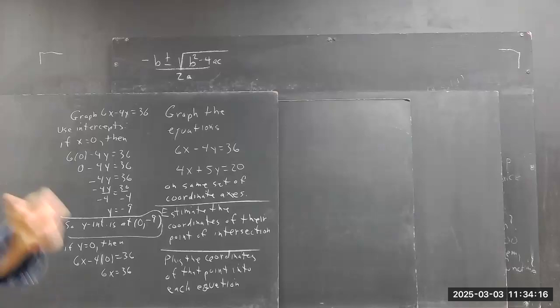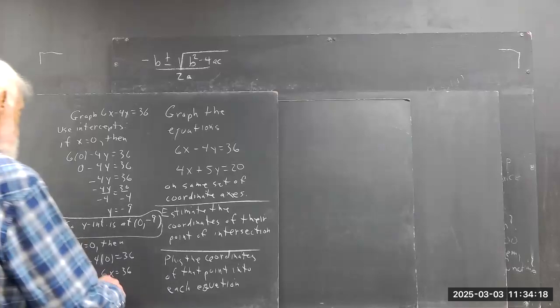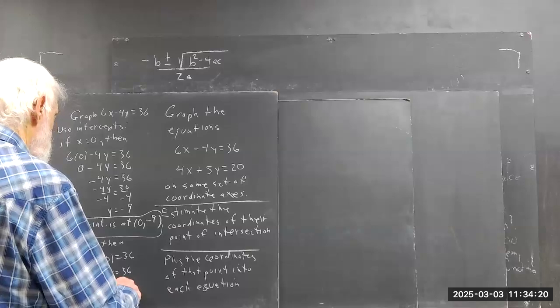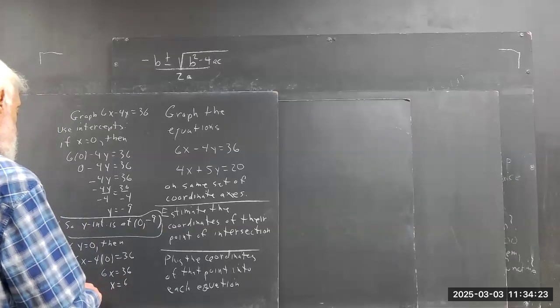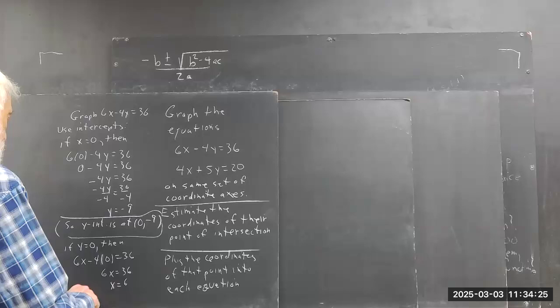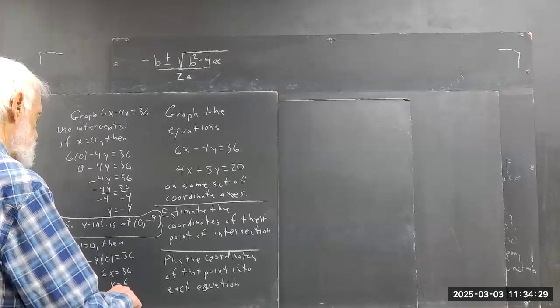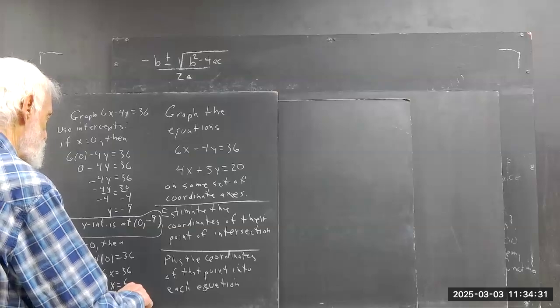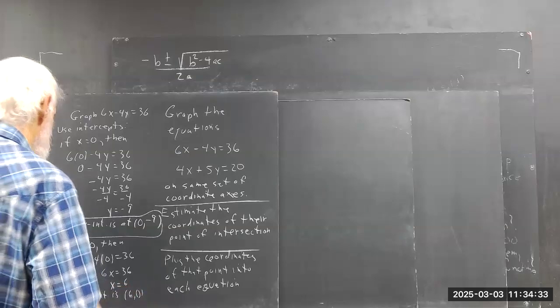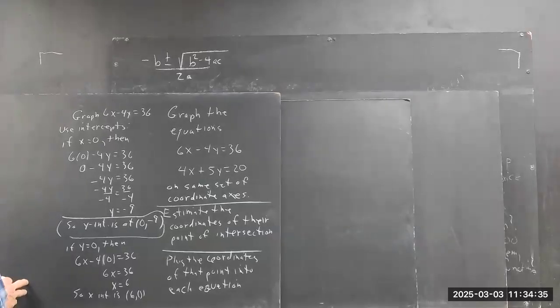That means you just end up with the 6x. And without writing the details of the step, we get x. So the x-intercept is 6, 0.